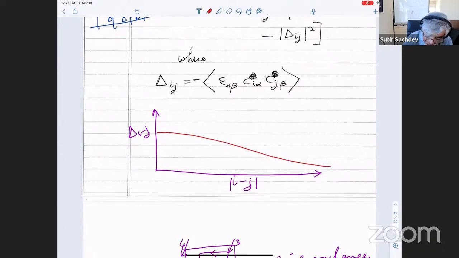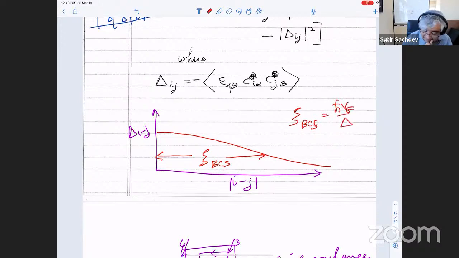What I said about BCS was correct. It falls off at a length scale xi_BCS, which is h bar v_F over delta. So this is for BCS theory.